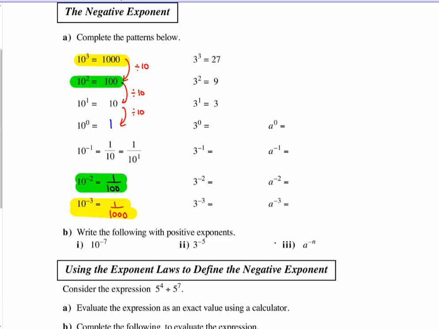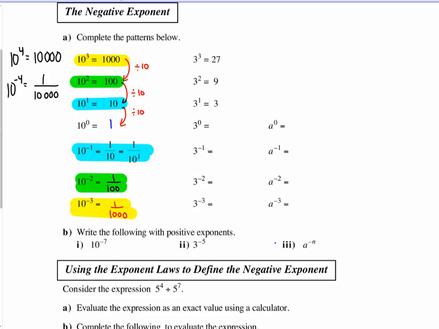Cool? 10 to the power of 1 is 10, 10 to the power of negative 1 is 1/10. So, what's 10 to the power of 4? How many zeros? 4 zeros, so that would be 10,000. Meaning 10 to the power of negative 4 would be 1 over 10,000.